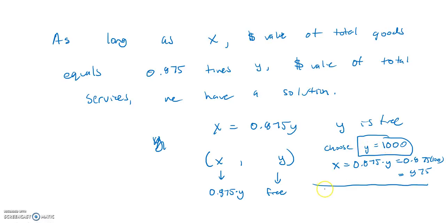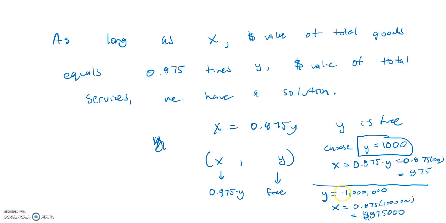So suppose we find out that y equals, I don't know, 1 million is the optimal amount. That's how many services are produced in a given year. Well, no problem. If we want to be in an equilibrium environment, then x just has to equal 0.875 times a million, which equals $875,000.